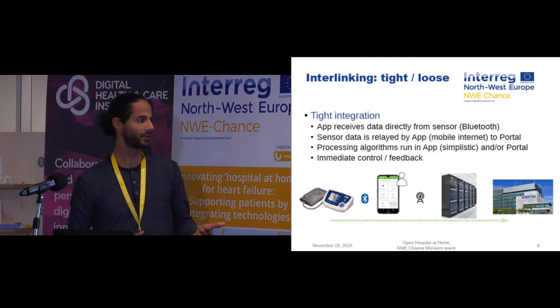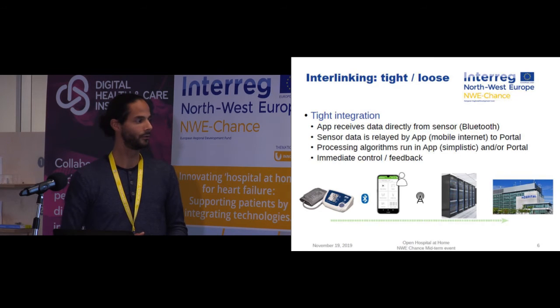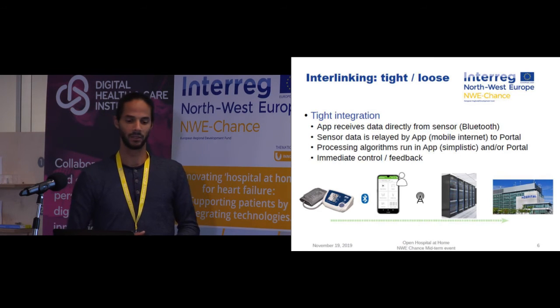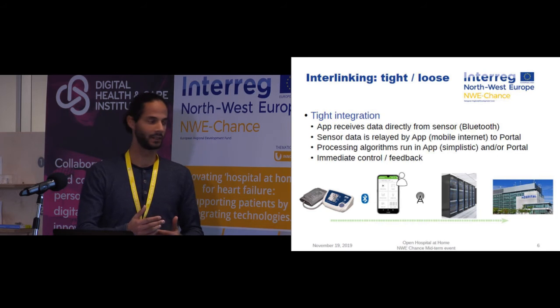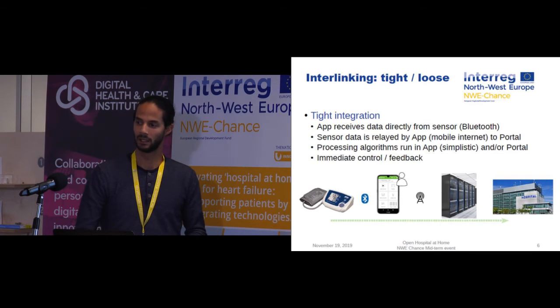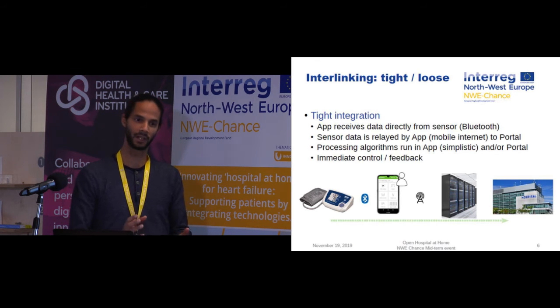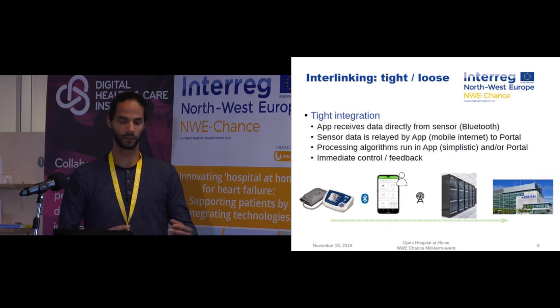So the blood pressure monitor, the weight scale, and the pulse oximeter support Bluetooth, and you get a direct interaction there. The data arrives at the phone, you can see what it is, and it's transmitted. Fairly straightforward, and you'll see this strategy be applicable to many devices that provide some kind of standalone value, so they're sold separately.